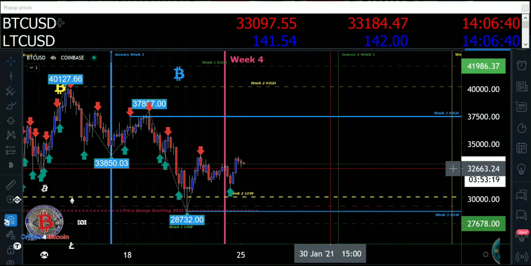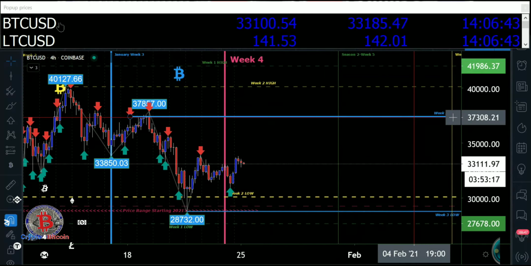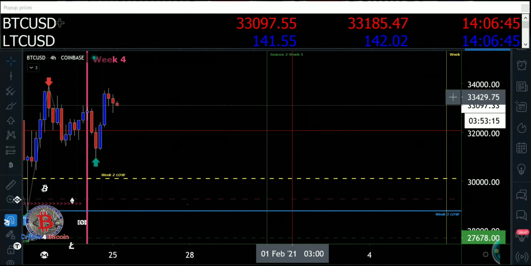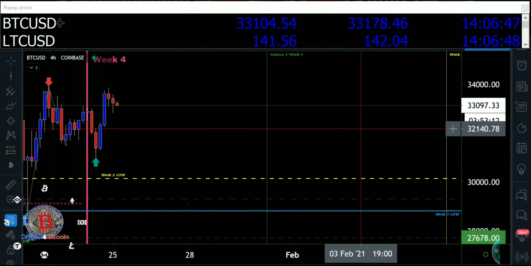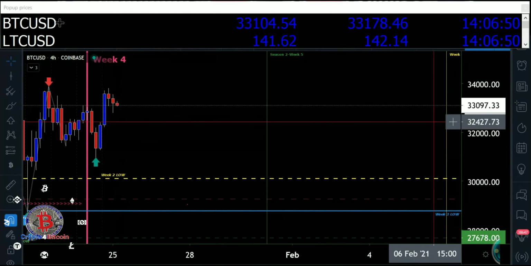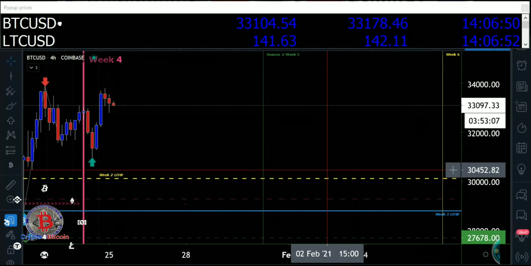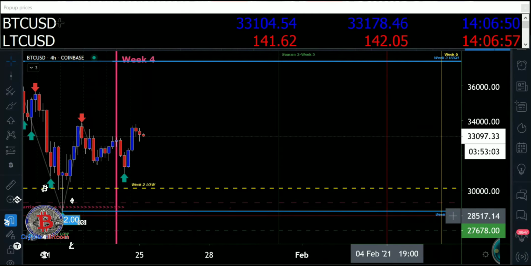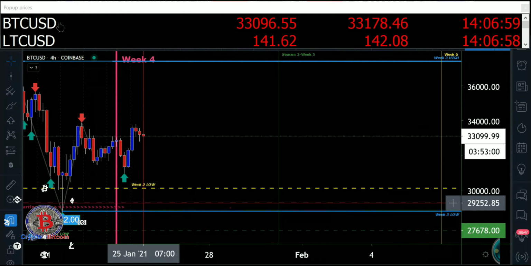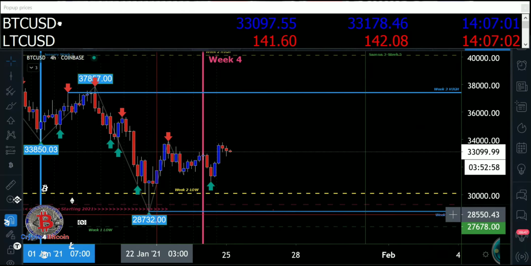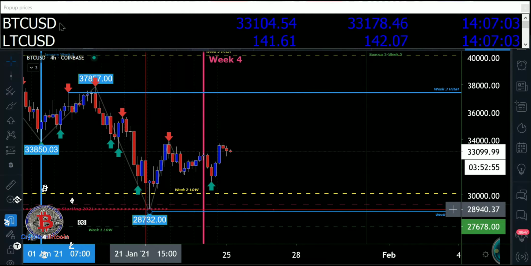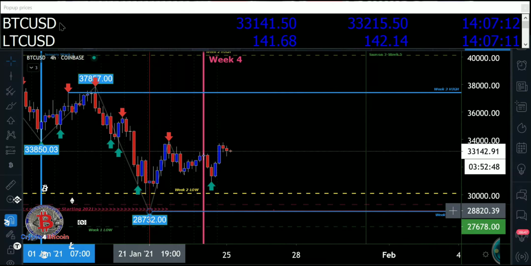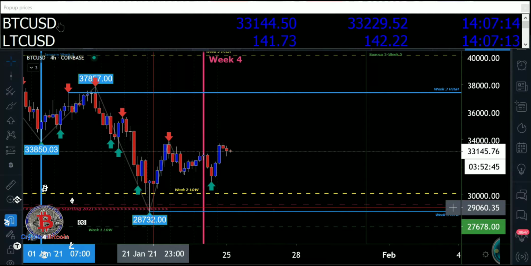Okay, so now that we have week 4 here, week 5 here, and so on, you can see that we are close to our week 2 low. We touched the area where price started the year, right here. This is 29. It touched 28. Price started around 29,000 in 2021 this year.